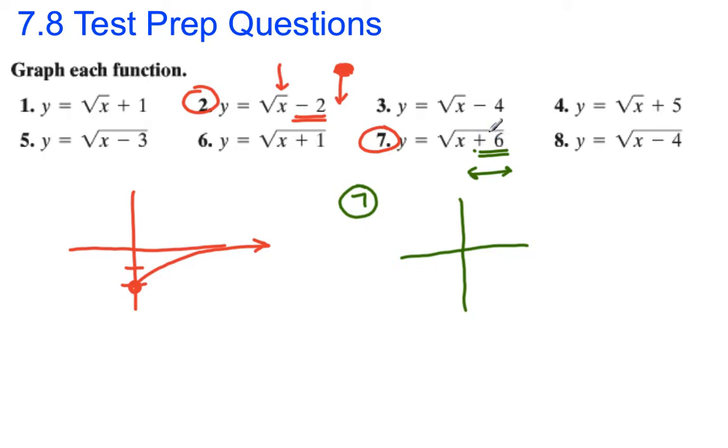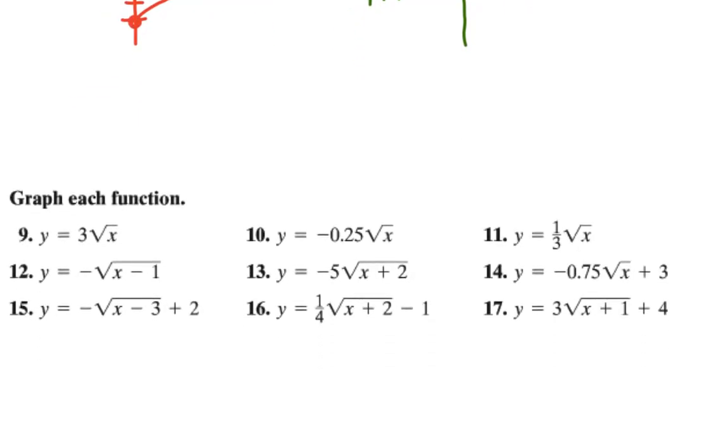So the only way we can get that to be a positive 6 and still meet the formula requirements, it would have to be negative 6. So this one actually moves to negative 6. And looking at the radical, it's not negative, so we know it's opening above. So 1, 2, 3, 4, 5, 6. There you go.